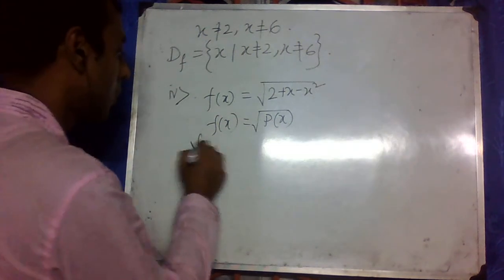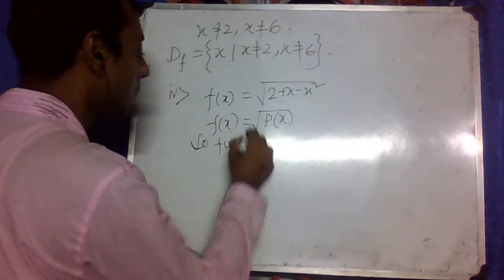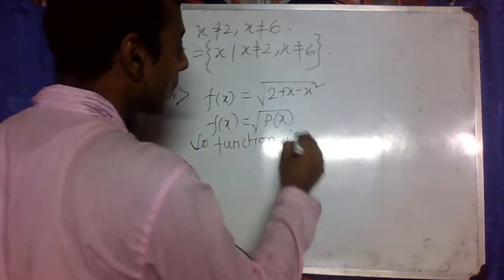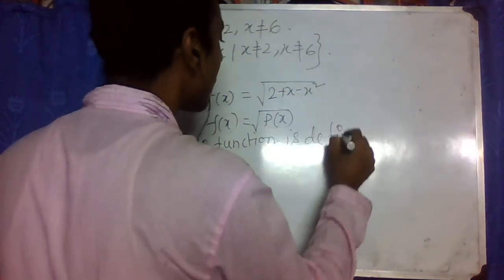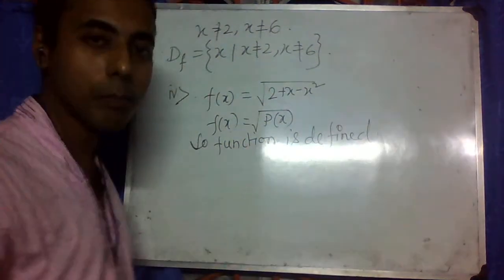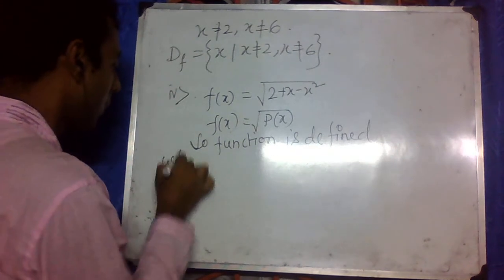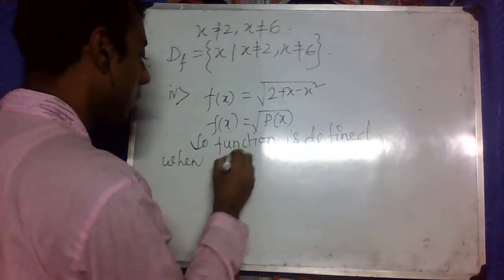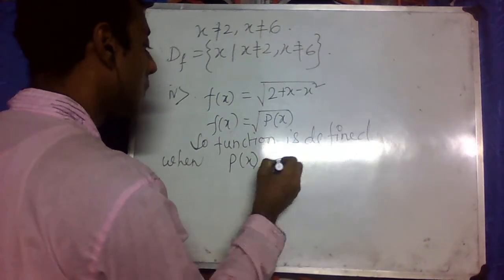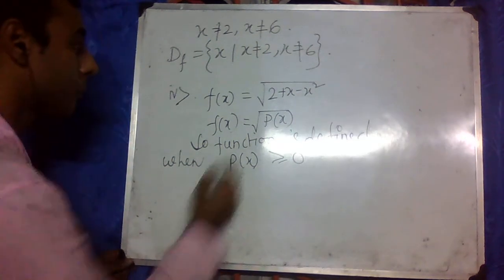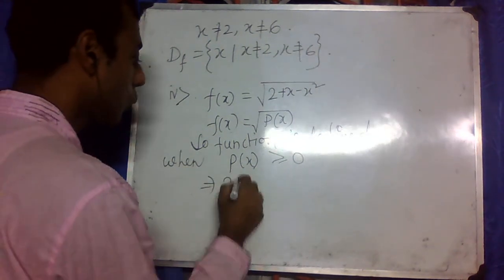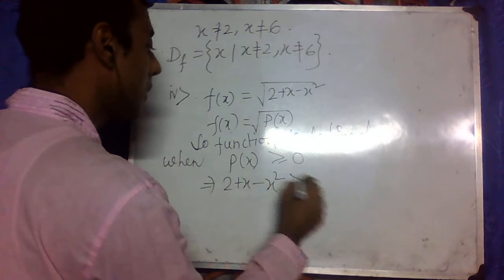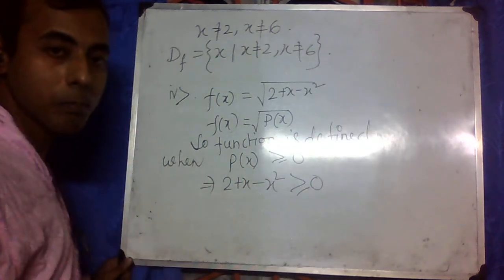So the function is defined when 2 plus x minus x square is greater than or equal to 0.